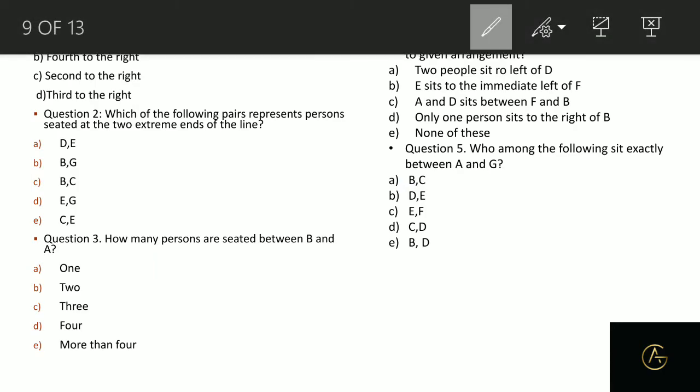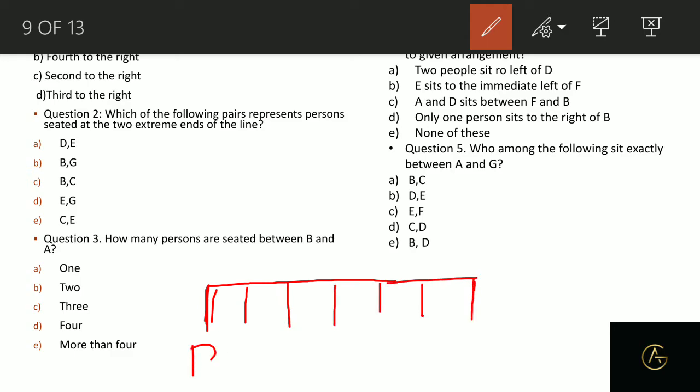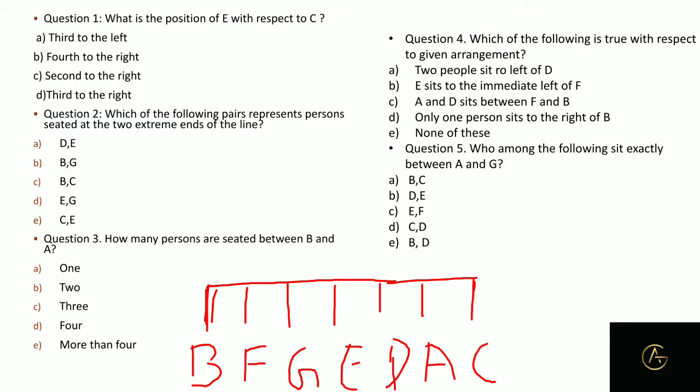First of all, I have to draw it for you. One, two, three, four, five, 6 and 7. B, F, G, E, D, A and C. Okay, let's see what the first question says.